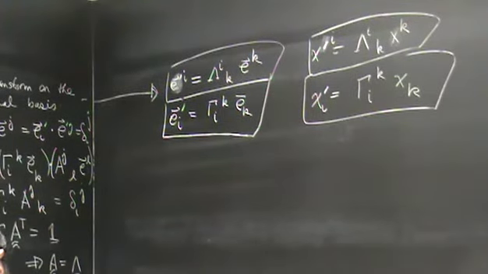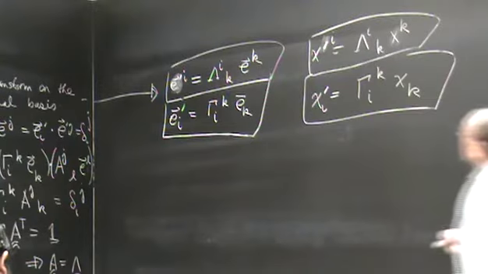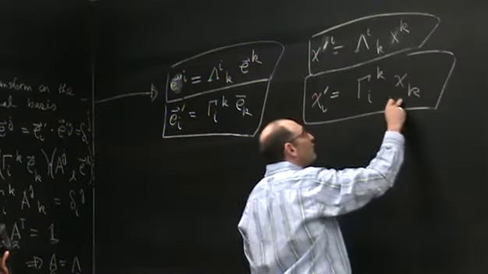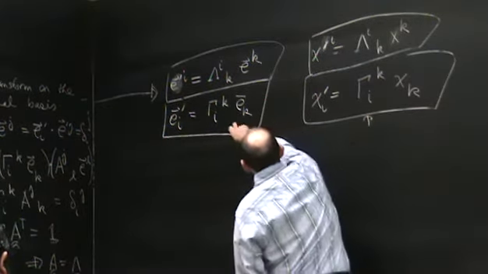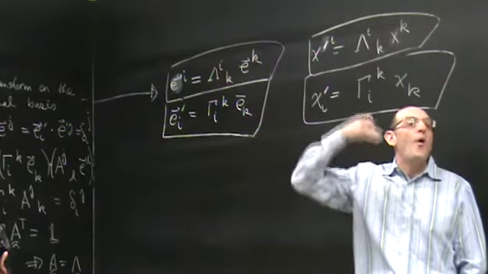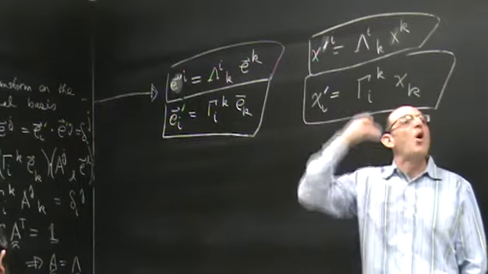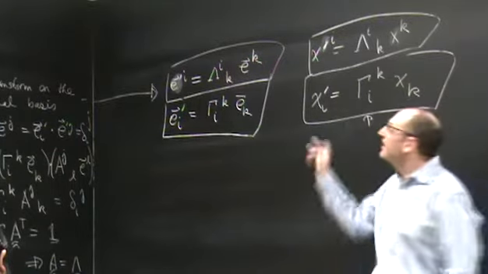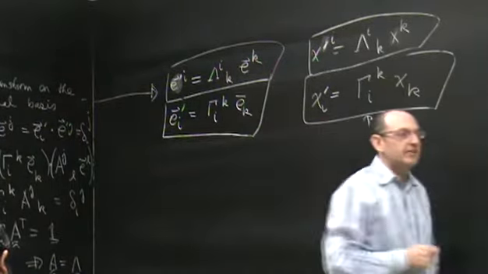Thus, these sets of coordinates are given certain names. The coordinates that transform with the original basis are covariant. They transform with the basis vectors in the same way as the basis vectors.